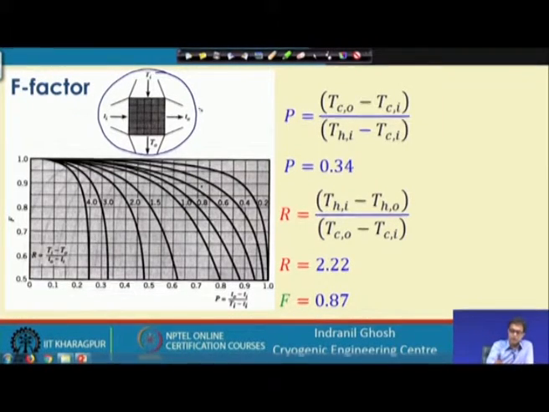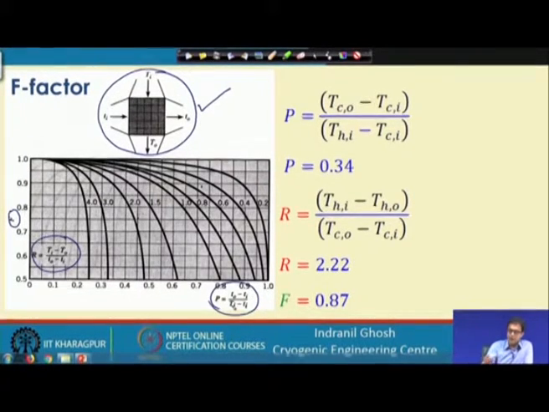So we identify that when both the fluid streams are in unmixed condition, this is the chart which will tell us the correction factor as a function of R and P. These are the two parameters.